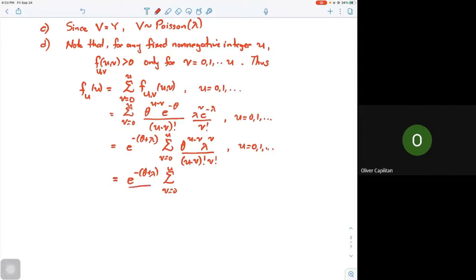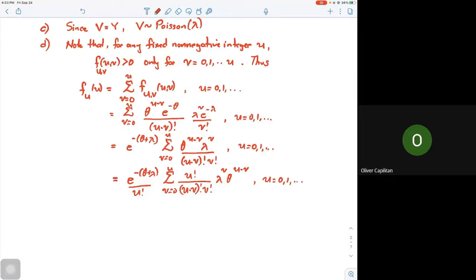This expression u factorial does not depend on the index of our summation, so we can put it here, over u minus v factorial and v factorial. Then we have lambda to the v, theta to the u minus v, for u equal to 0, 1, and so on and so forth.